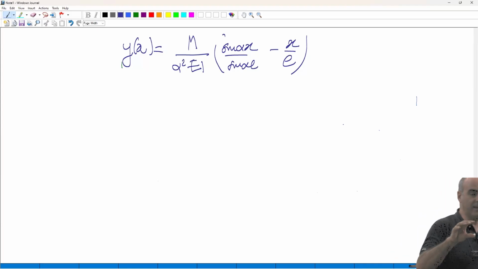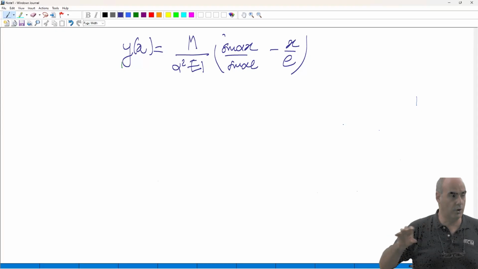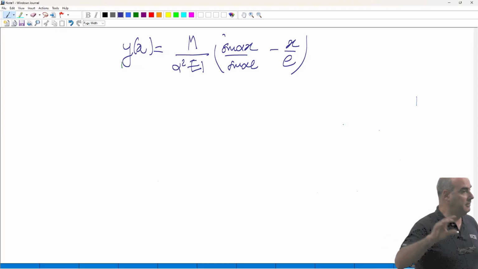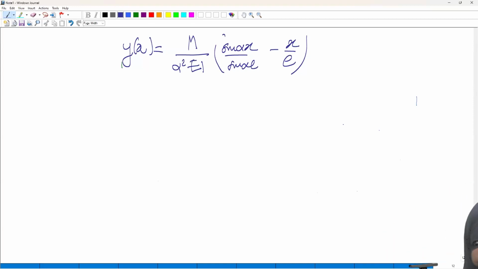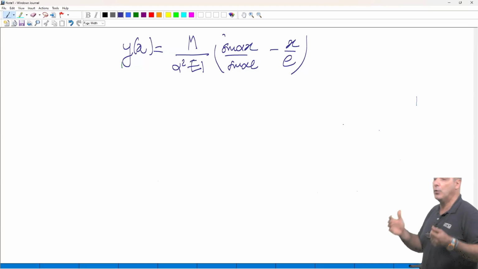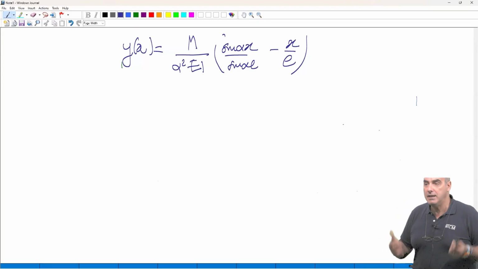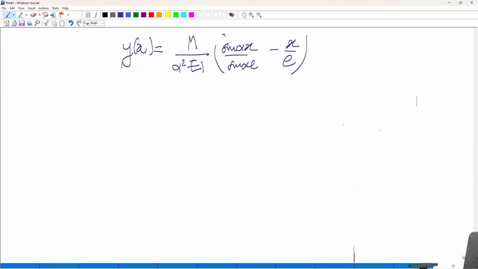So it's not only the function y, the deformation, which goes to infinite, it is the first derivative, the rotation, the second derivative, which is the bending moment, the third derivative, which is the shear force. So everything goes to infinite. So you have a paradox. You have a beam of finite dimensions under finite loads, and there is a value of the axial force for which this beam undergoes infinite deformations and infinite state of stress. This is the mechanical paradox.